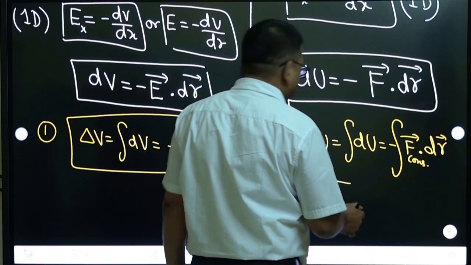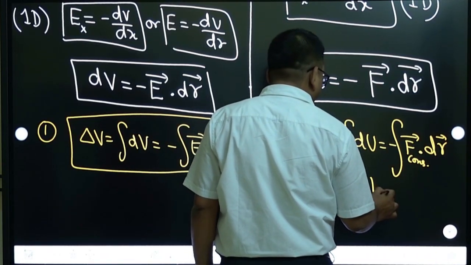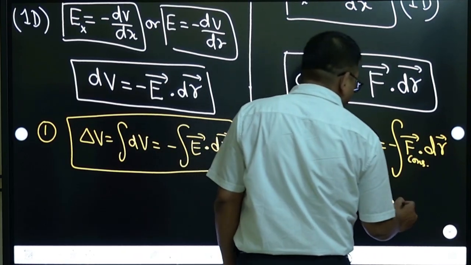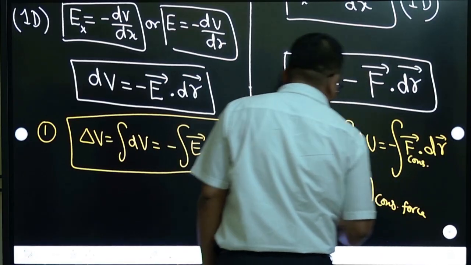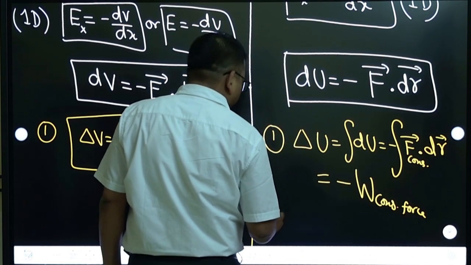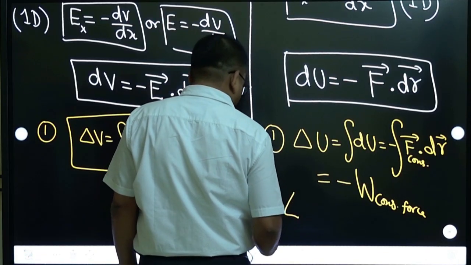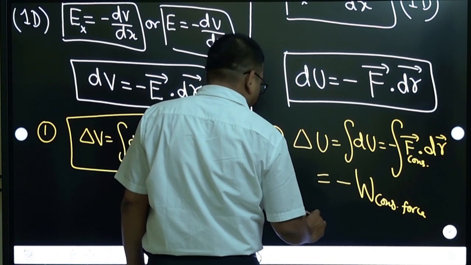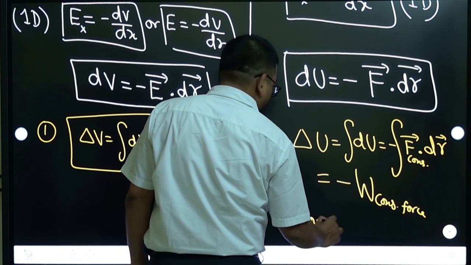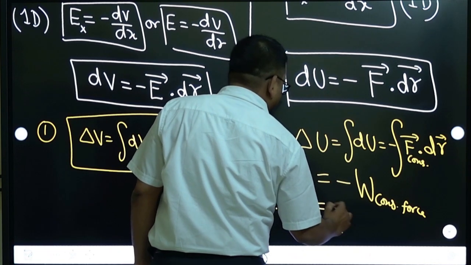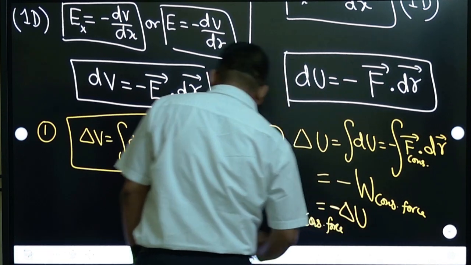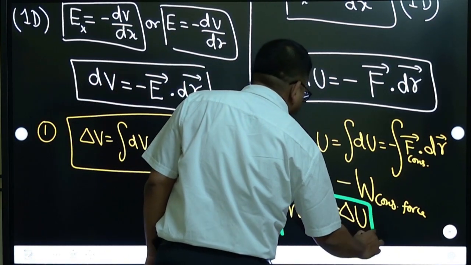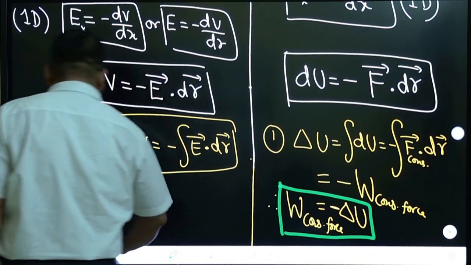So this is nothing but minus the work done by the conservative force. So you can also say that the work done by a conservative force is minus the change of potential energy.